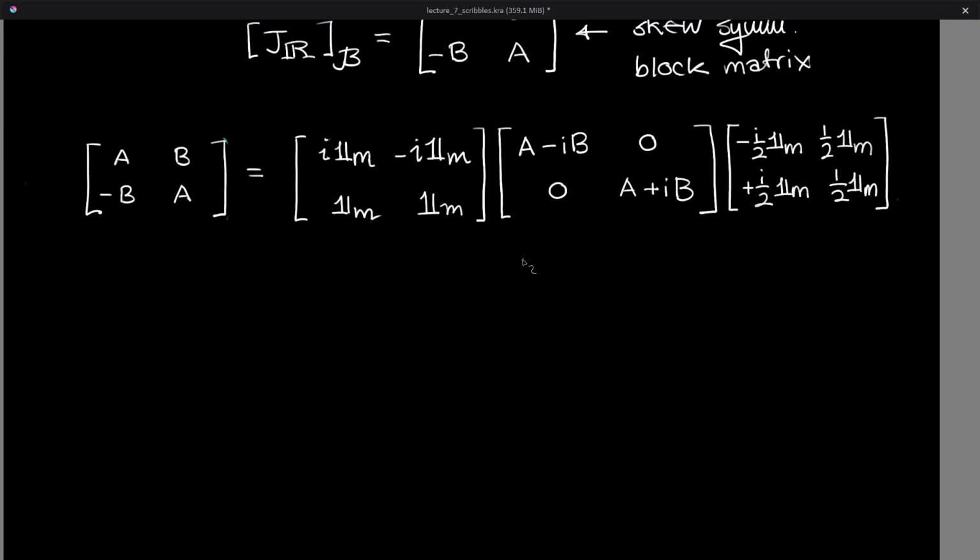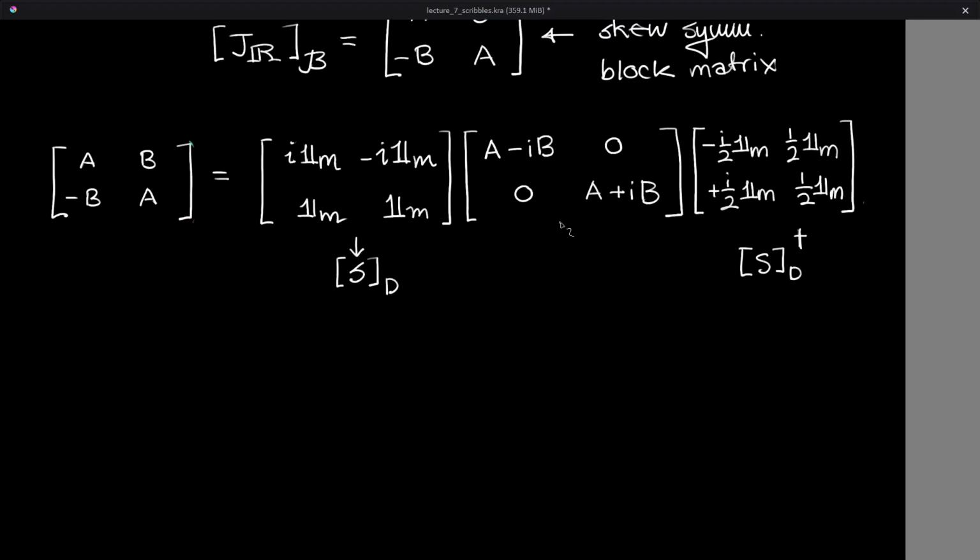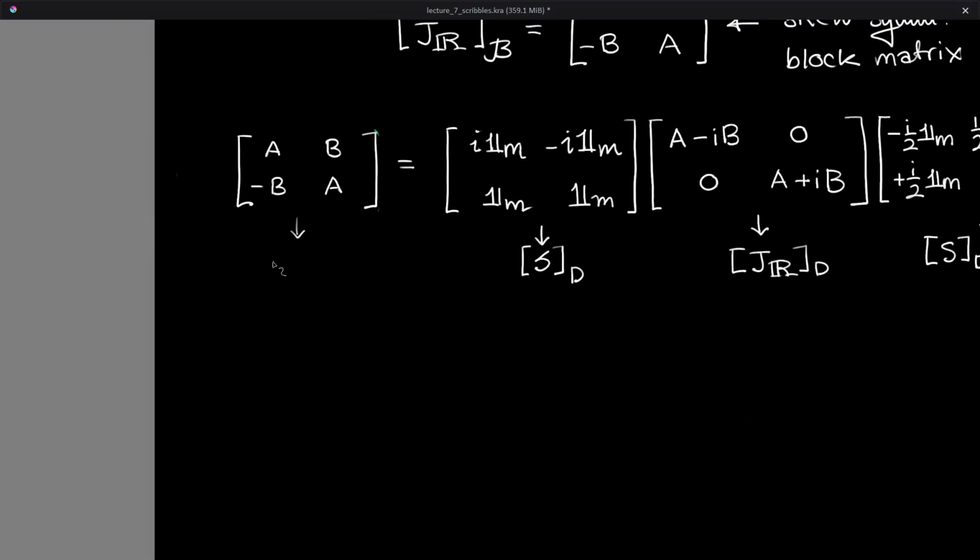This is essentially a similarity transformation. If we call this S, we'll call it the D basis. Then this is S dagger. This is the Hermitian conjugate. And this is JR in the diagonalized basis, whereas this is JR in the B basis.